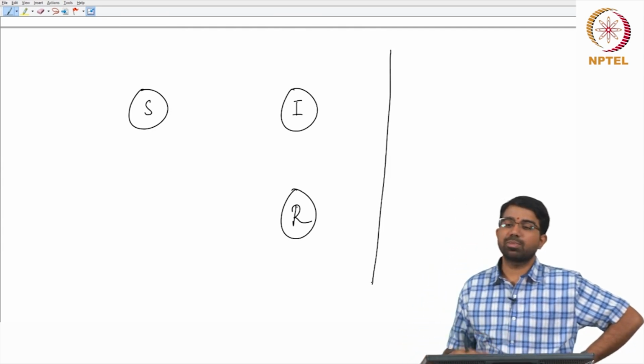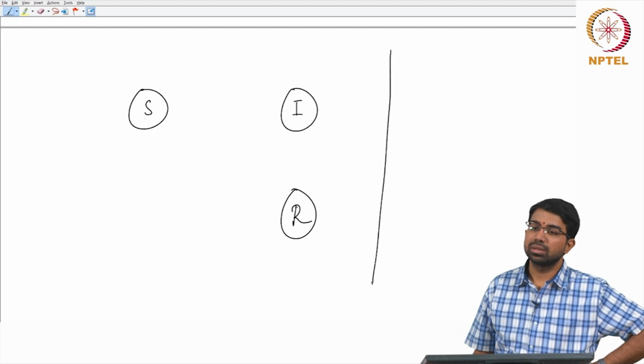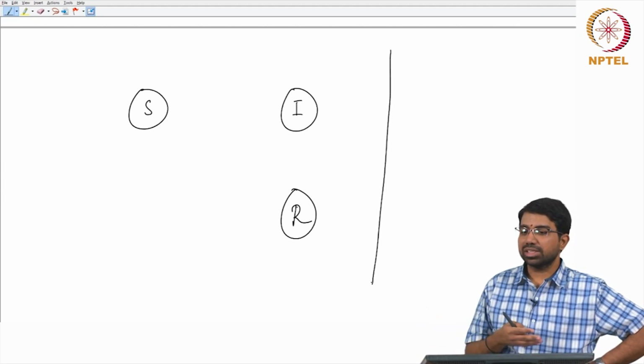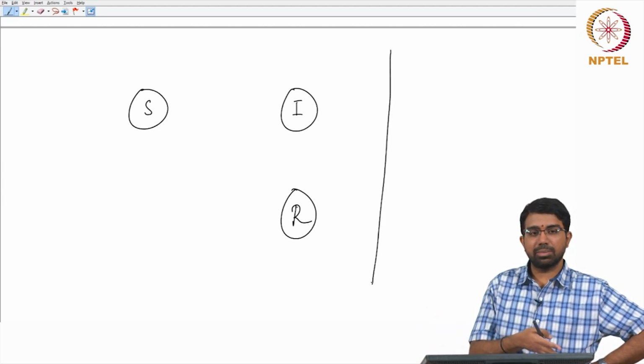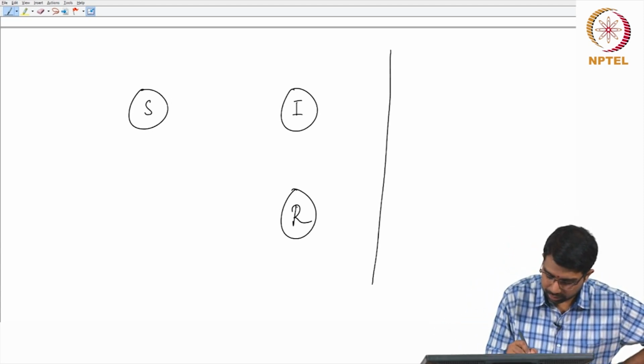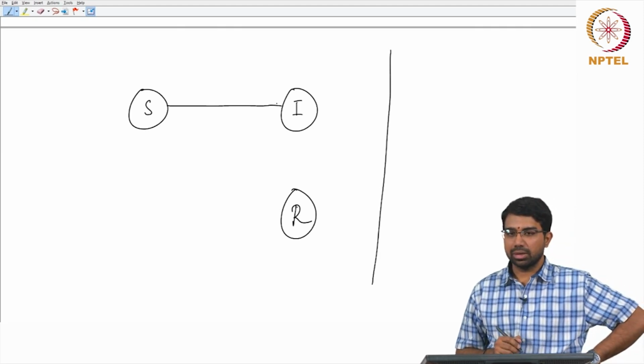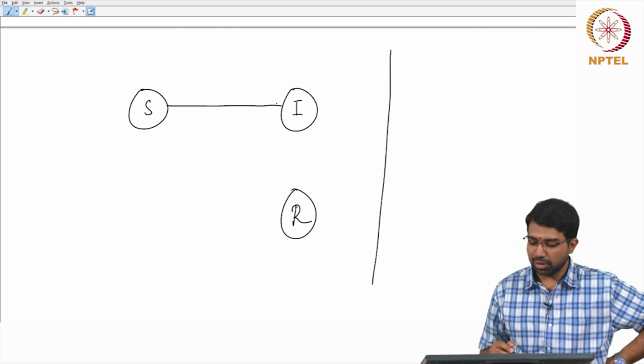So how does a disease spread? A communicable disease? Through interaction between susceptible people and infected people, right. So you will basically have an edge here, some sort of collision.